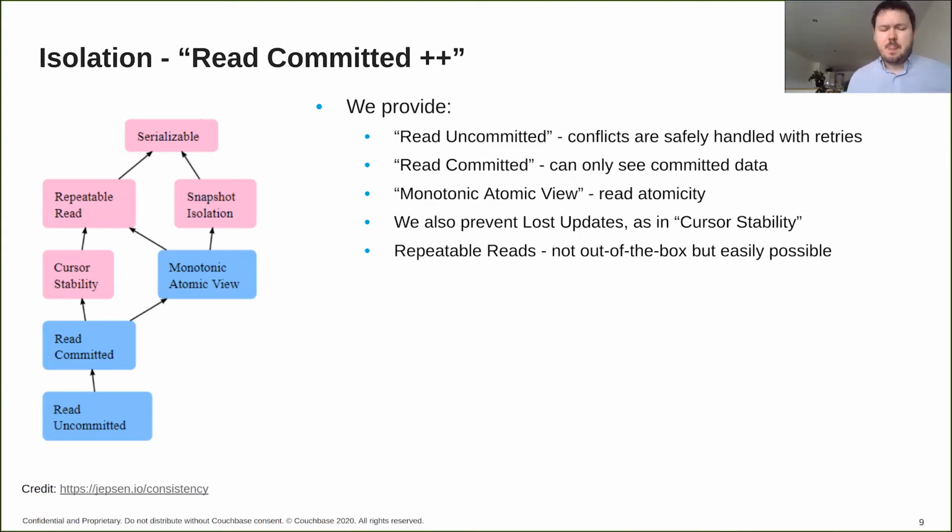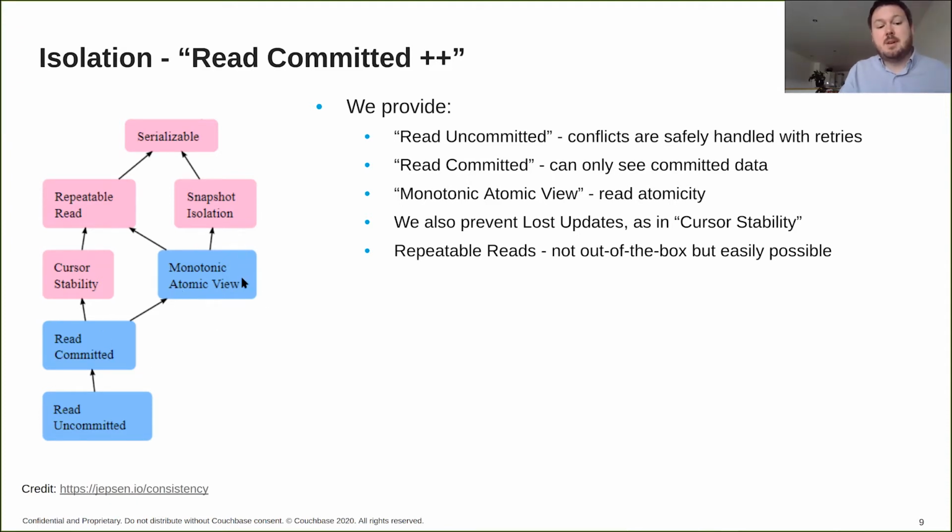So what you'd expect from transactions is you don't see dirty data. We have that. You don't have write-write conflicts, or write-write conflicts are prevented. We don't have that. Sorry, we do provide that. And you kind of assume there's going to be an atomic commit step as well. Many people assume that's part of read committed.